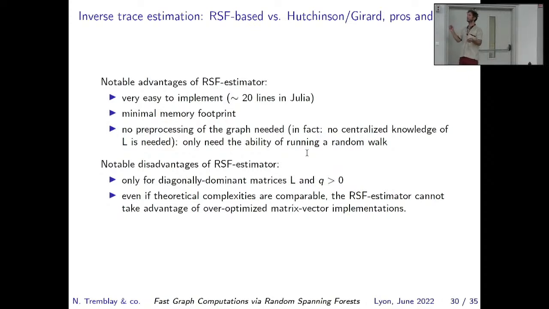Okay, maybe I'm not very clear here. What I call globalized knowledge is one computer that has the entire graph in memory. When I say that RSF-based estimators do not need centralized knowledge, what I mean is that if I'm on a sensor network where each sensor has its own information, the operator can connect to any sensor, start a loop-erased random walk, and this random walk goes neighbor to neighbor.